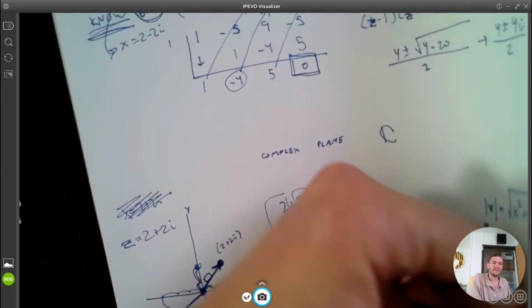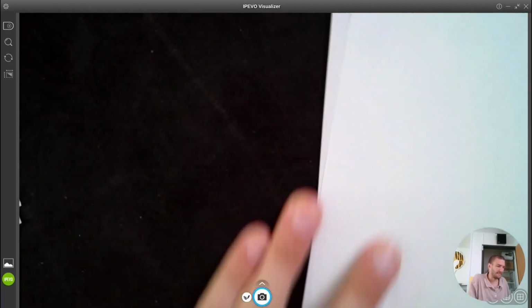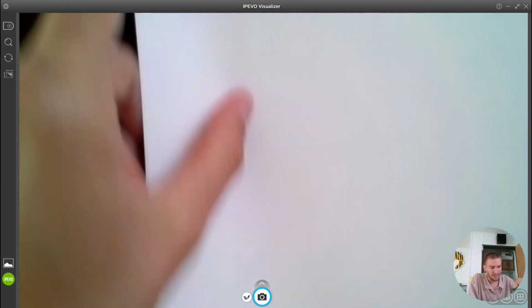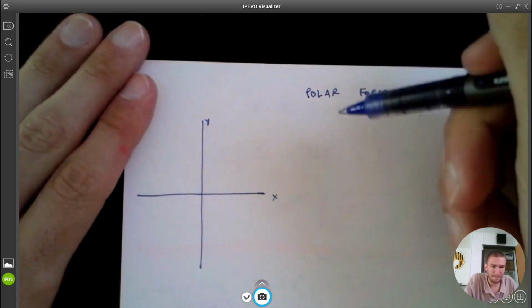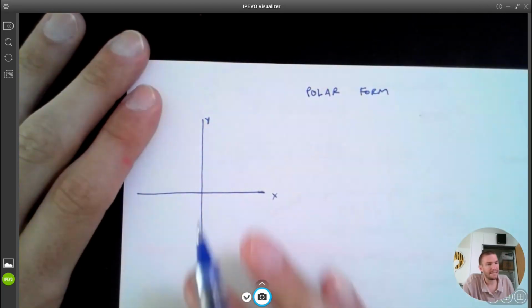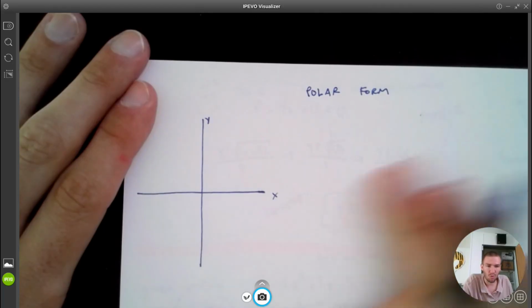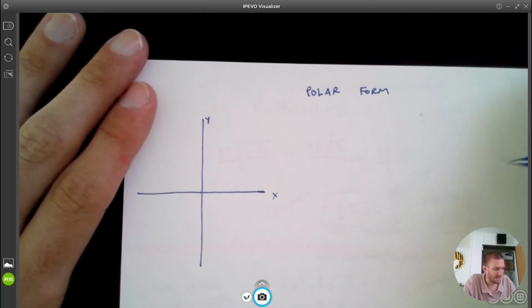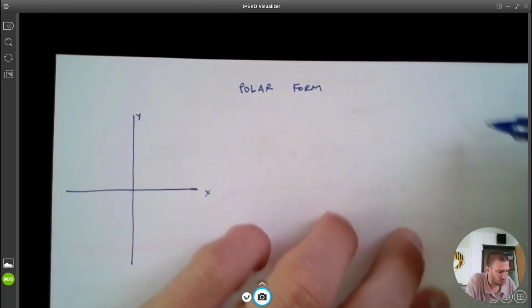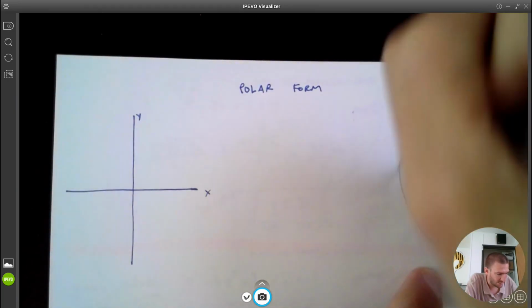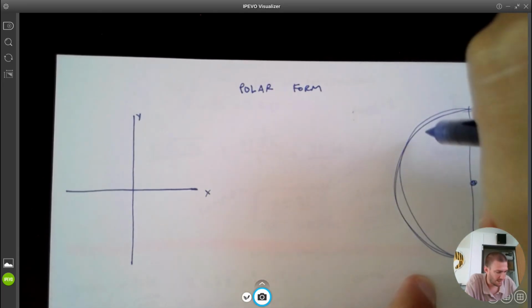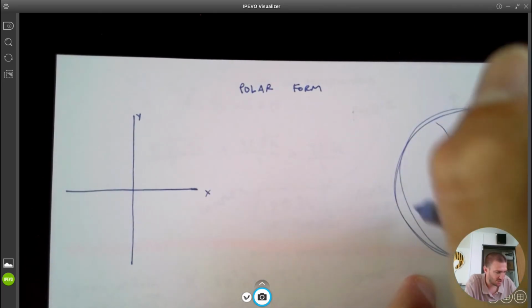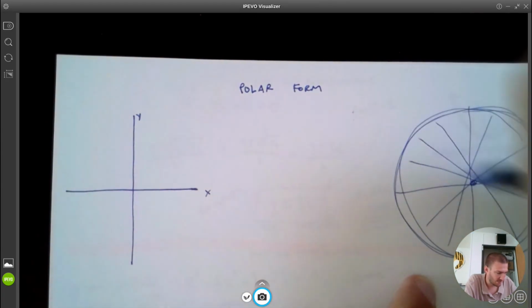Okay. The last thing I want to cover today in a little bit of our touch up is polar form. Okay, polar form, it's kind of like the North Pole and the South Pole. If you think about the globe, and you're looking at the globe from the top, and this is the Arctic, this is the North Pole, you might have this vision of seeing the globe.